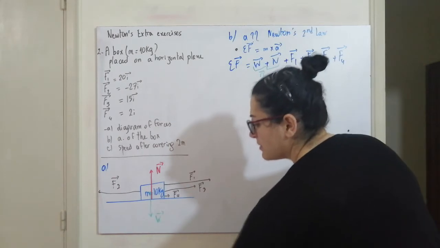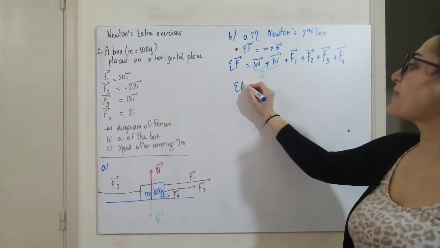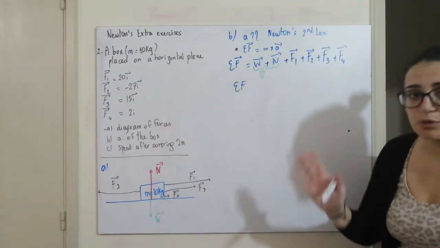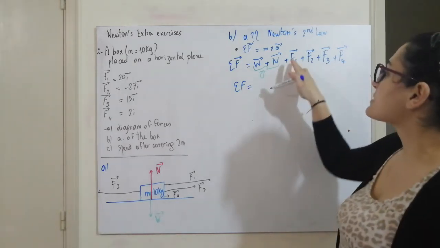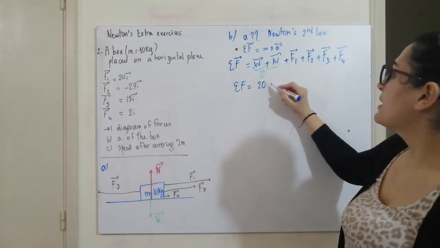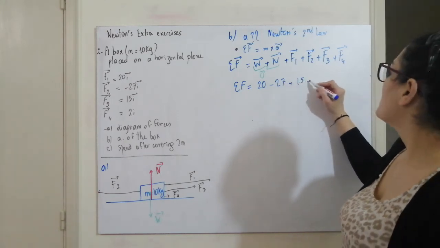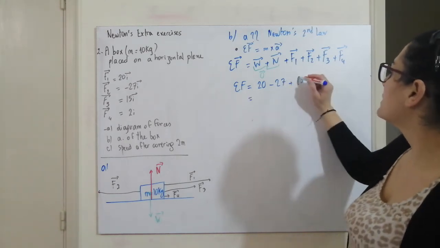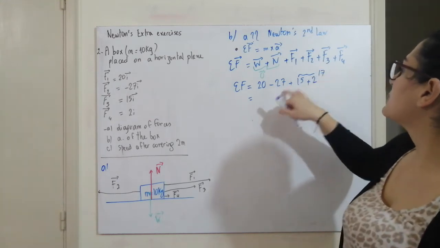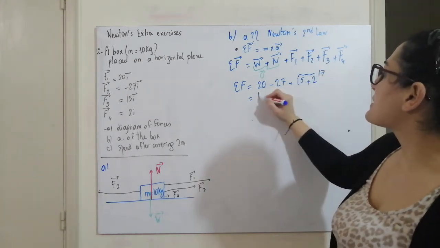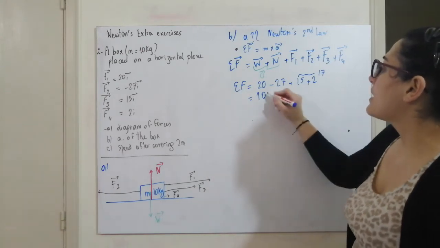Now, I'm left with the sum of F. When you replace by numbers, you don't put vectors anymore. It equals F1, 20, minus 27, plus 15, plus 2. These two are 17, so you will get minus 10. This is 10 Newton.